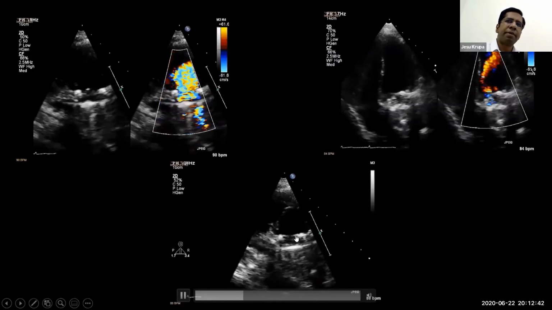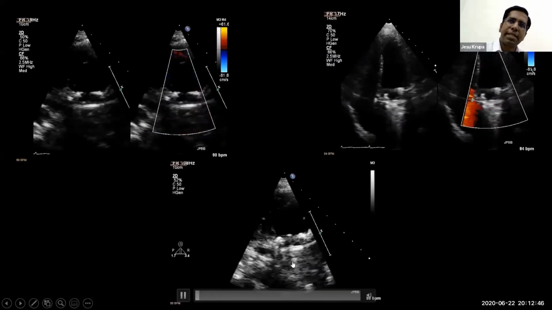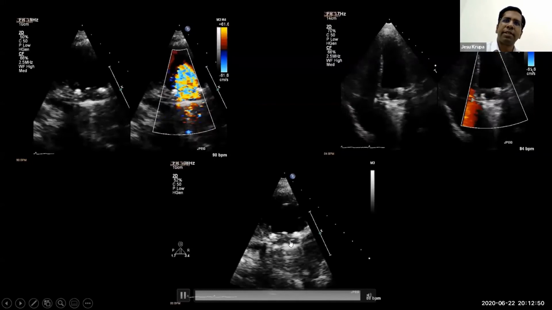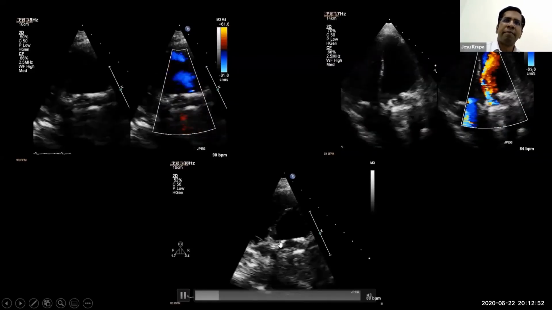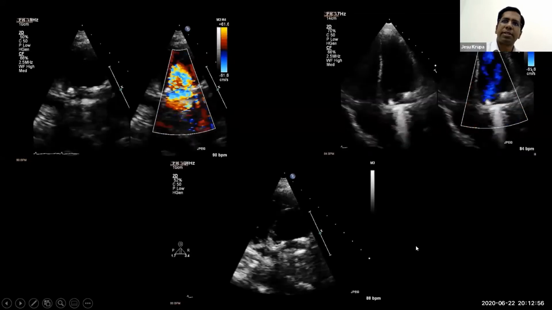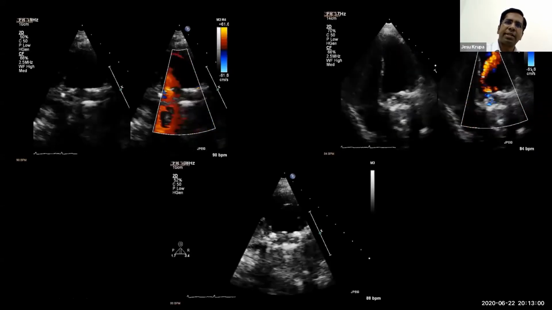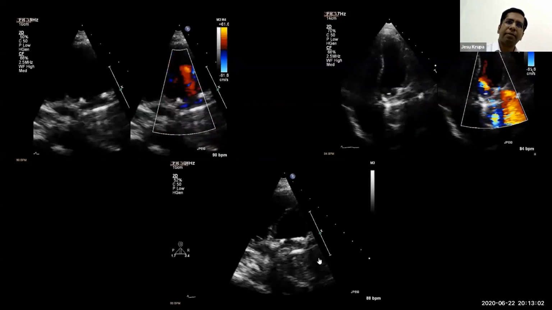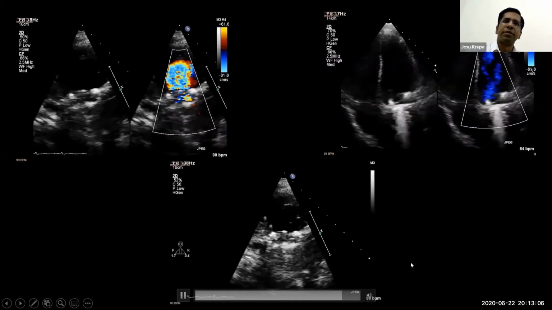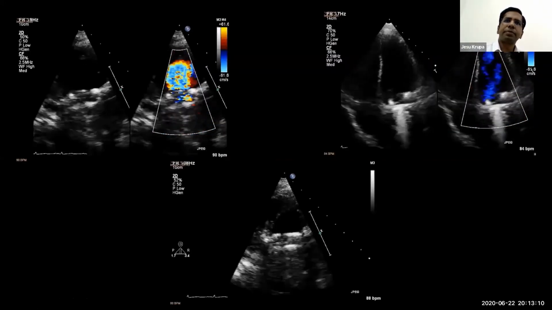It's a very modified, unorthodox view, which we may use to see both the leaflets and both the discs. Here also we see only one of the discs moving. We'll see other cases where we can demonstrate both the discs moving. So remember, if it's a bileaflet valve, try to use this particular view, the modified short axis to two-chamber view, to help you see the different discs.